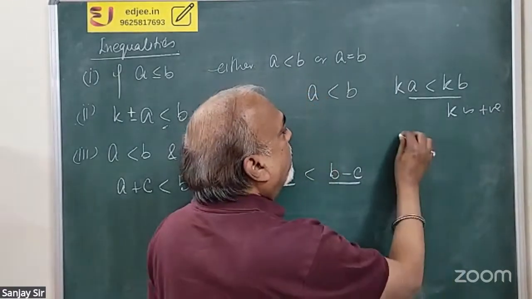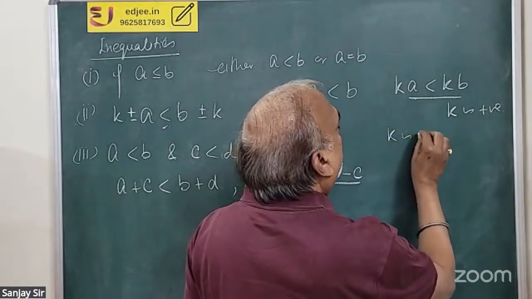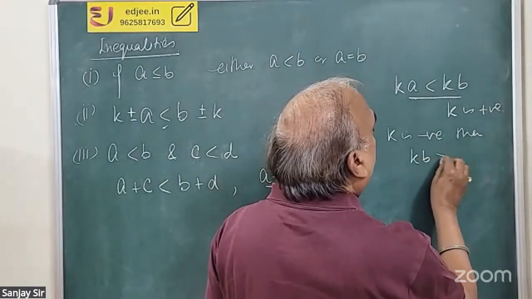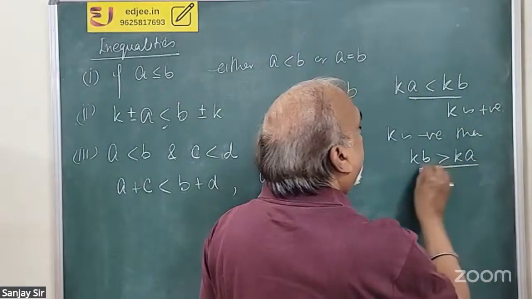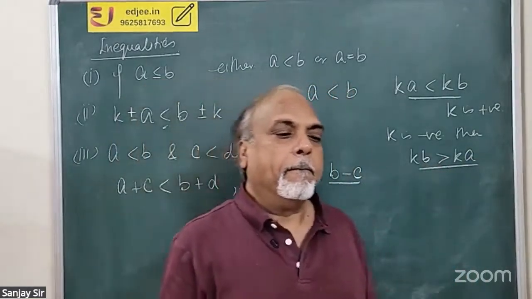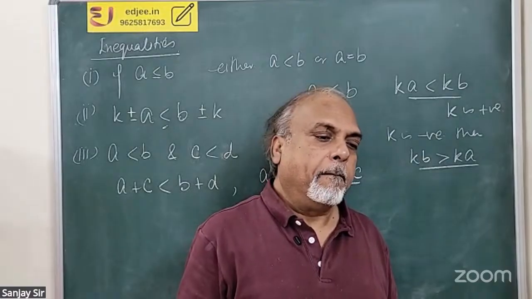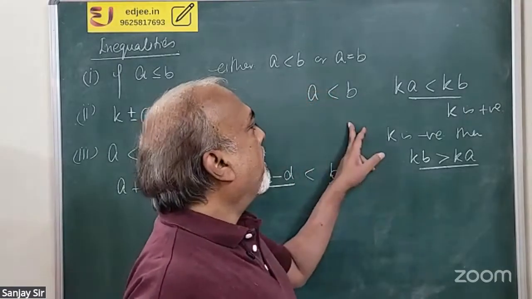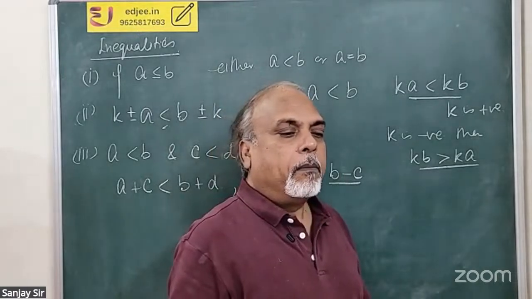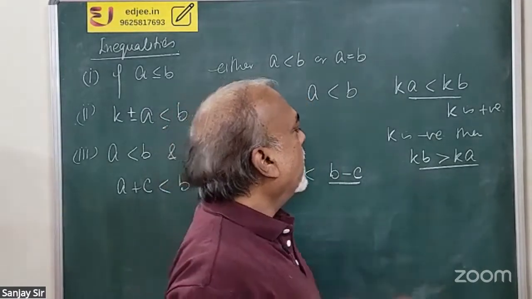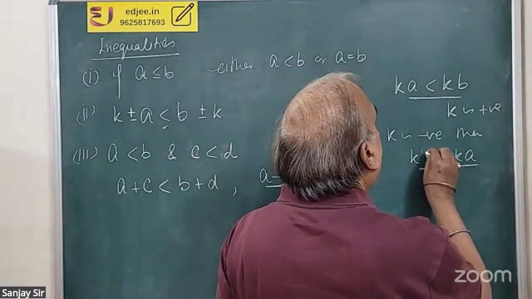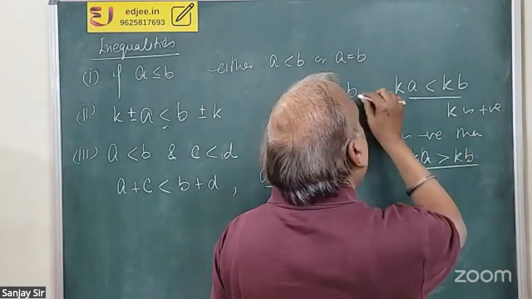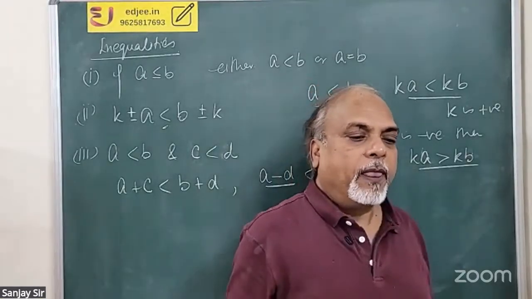And if K is negative, then KA becomes greater than KB.